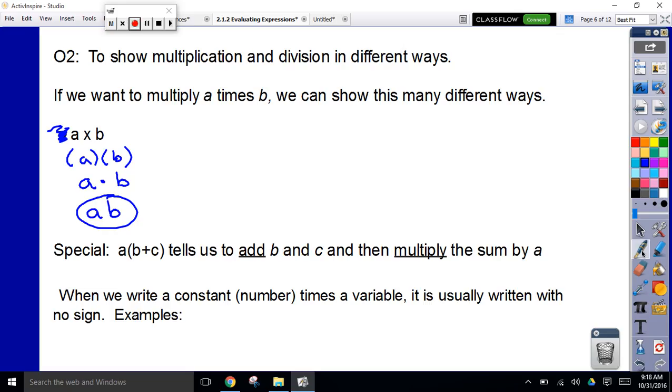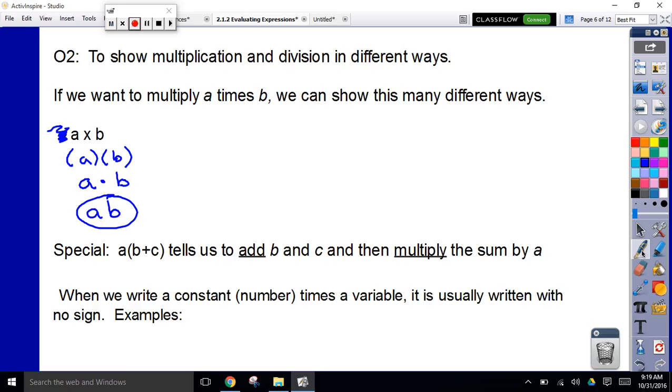Sometimes in an expression, people think that if a represents 5 and b represents 3, this would be 5 times 3, which is 15. It's not 53. You can't put the 5 in and then the 3. It doesn't just mean two digits. It means a times b.